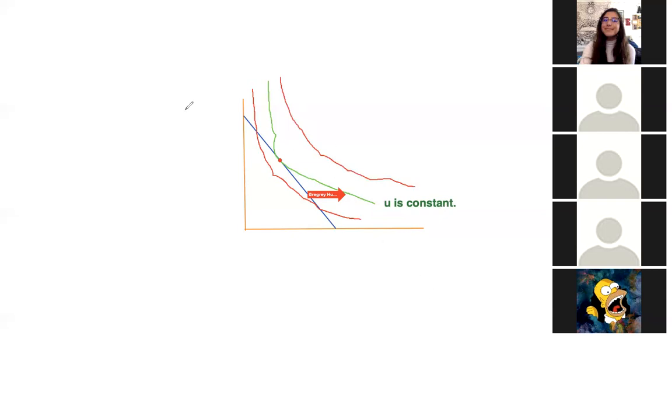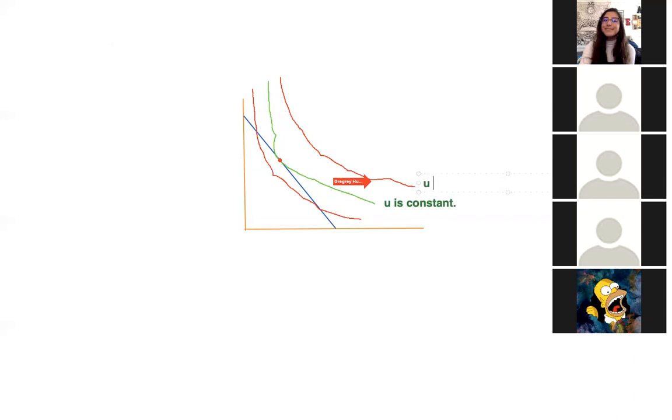And so what we're saying is that the one that the consumer actually ends up consuming is going to be the one where there's a tangency here between the budget line and the indifference curve. But all of these indifference curves, remember, they have a bunch of different consumption bundles. But if we were to calculate utility at any of those consumption bundles, we'd get some constant level of utility.